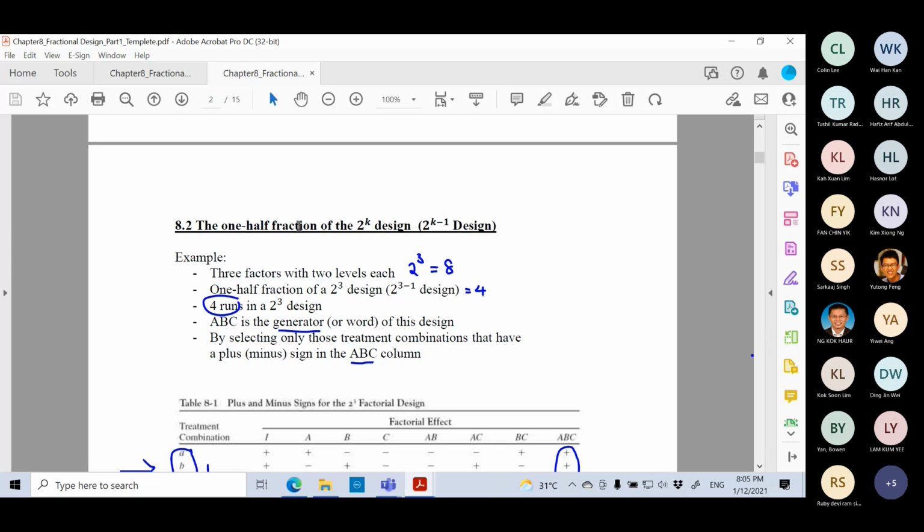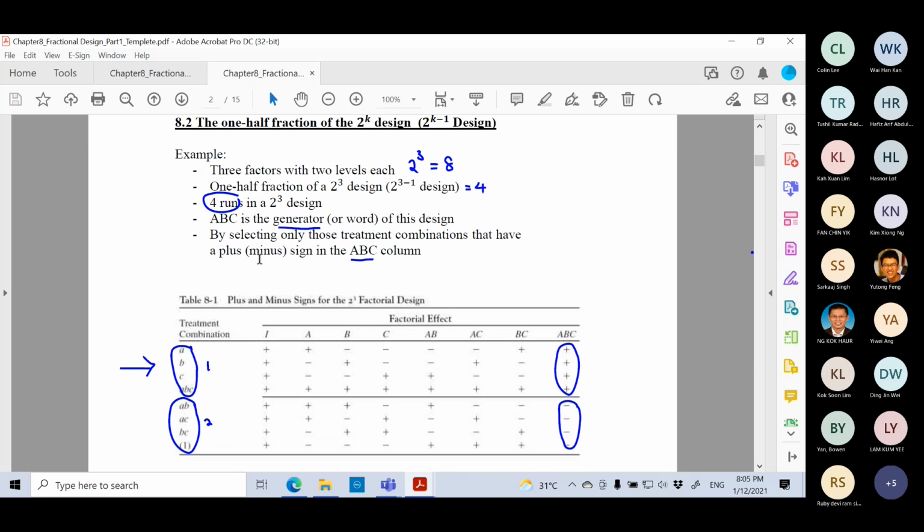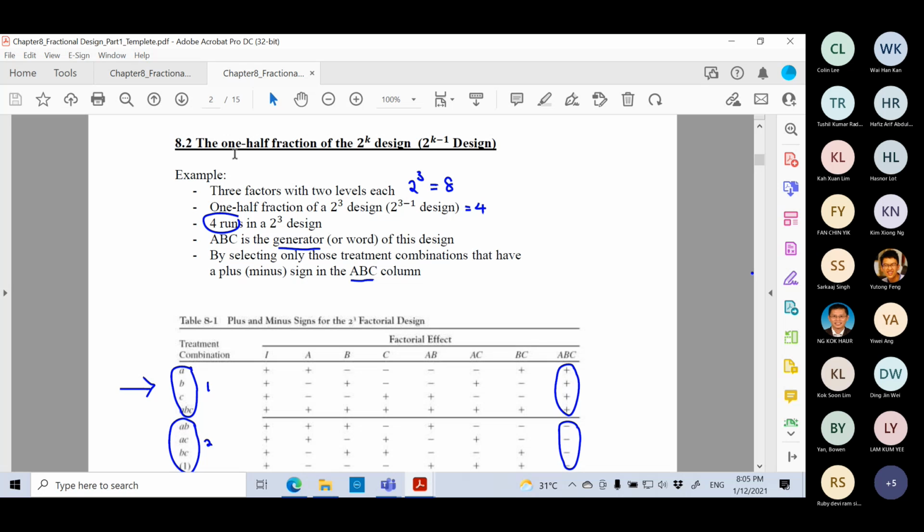You have a one-half fraction of the 2 power k design, where the notation is 2 power k minus 1, and you need to use what is called the generator to form the fraction. In this case, we are studying a one-half fraction of the 2 power k design.